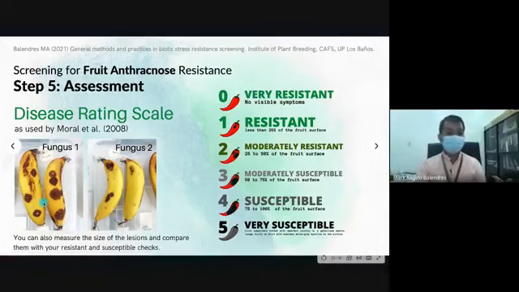So this is an example on banana, and this is Colletotrichum musae. So we use 2 fungi here, and only fungus 1 had this bigger lesion compared with fungus 2. So that simply means that fungus 1 is more aggressive and virulent on banana, but fungus 2 is not.